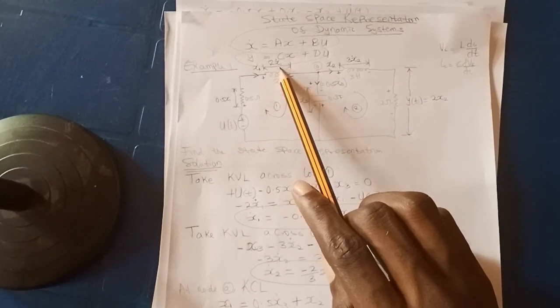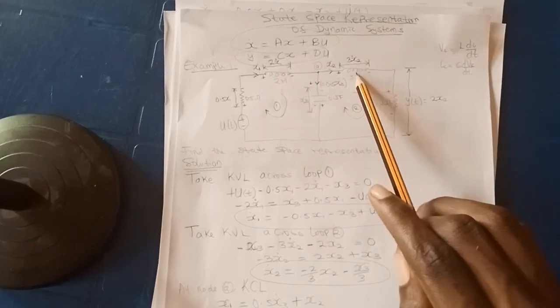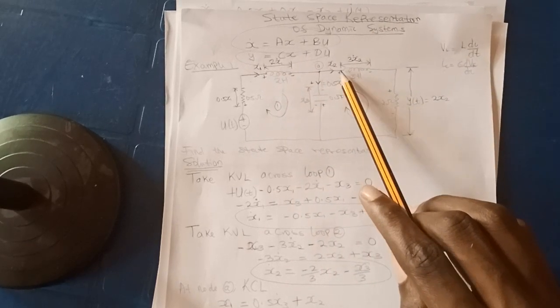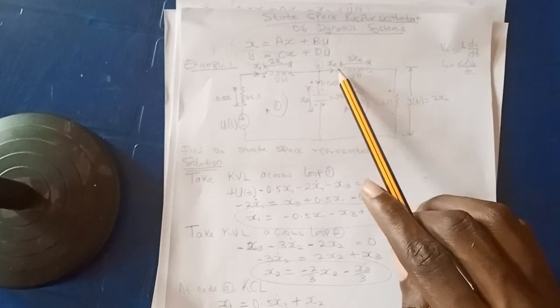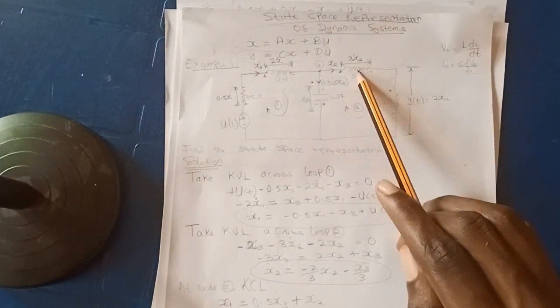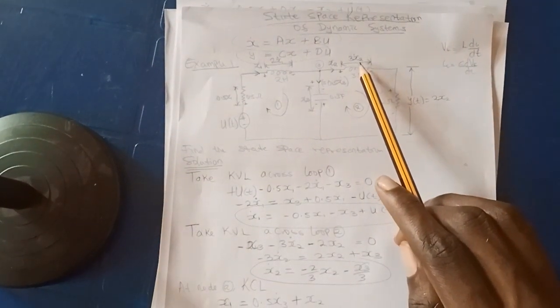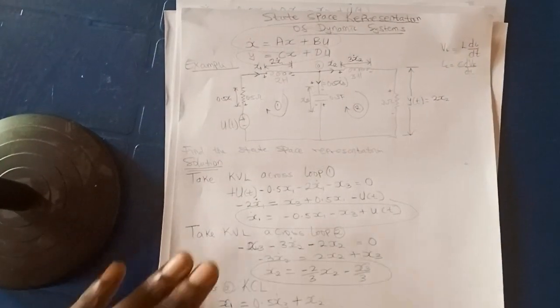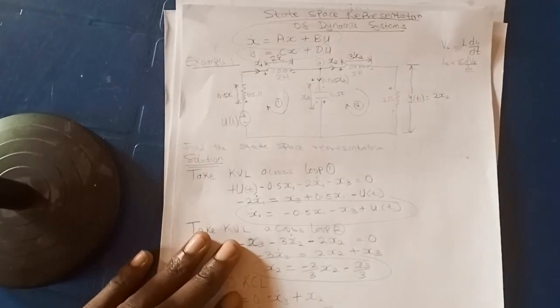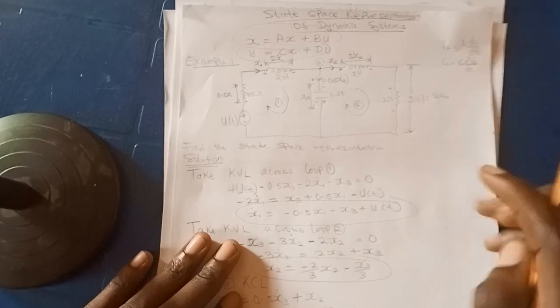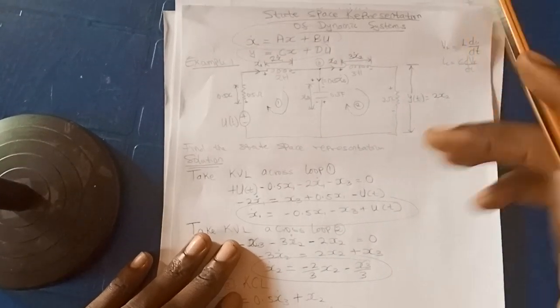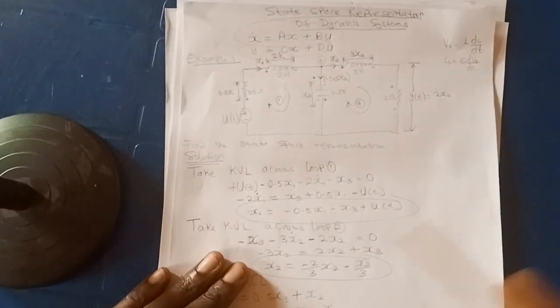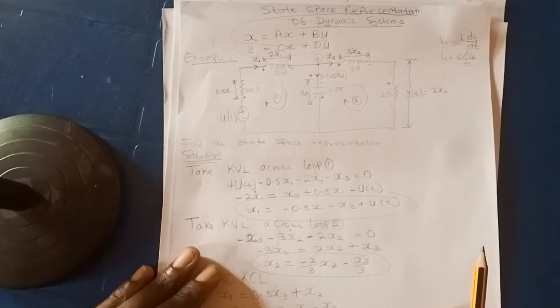If the current flowing in this other inductor is X2, then the voltage across this inductor has to be 3 X2 dot. So it applies to all the elements here. In this particular problem, it has been stated that the output is the voltage across the two ohm resistor. So the goal is for us to get the state space representation.